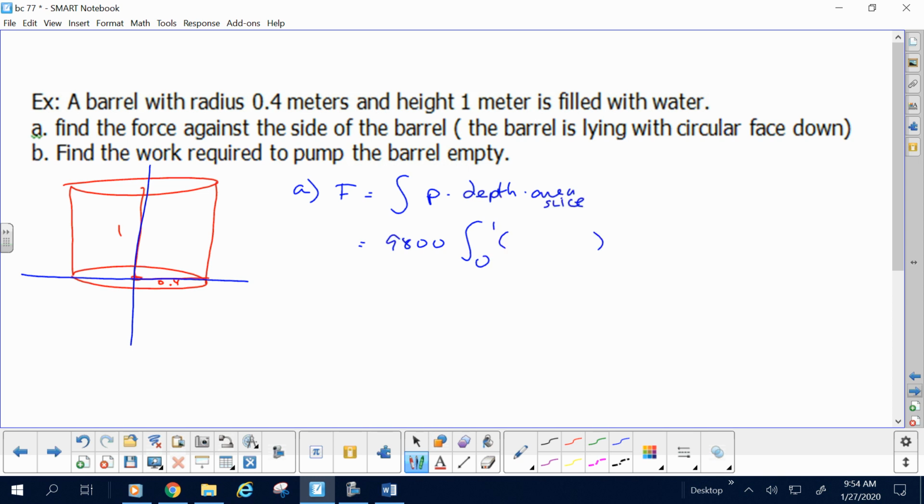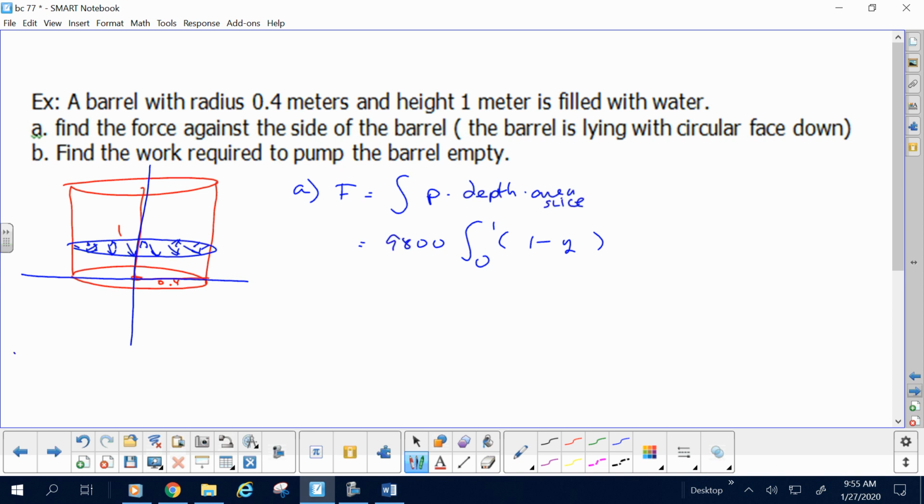What's the depth of each slice? 1 minus y. Now the area of each slice: it's exerting force against the side, so I need to say how much area to that line feels force.